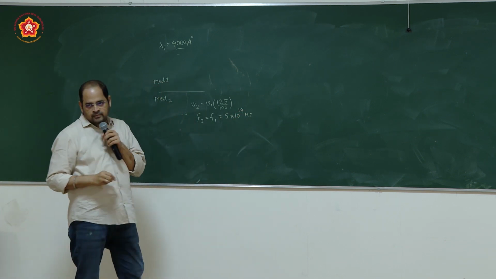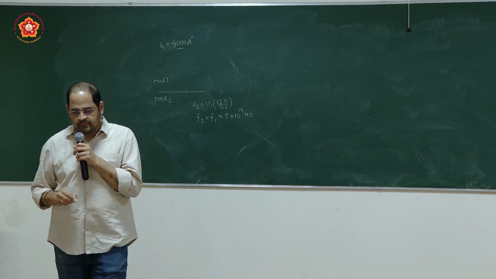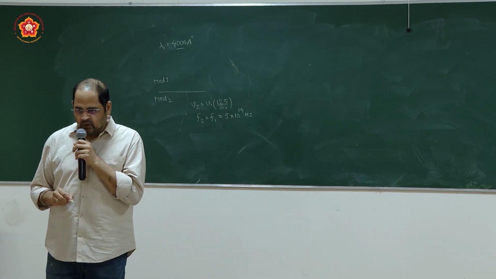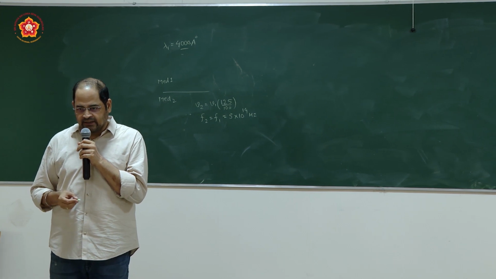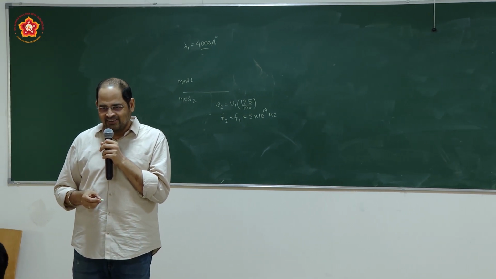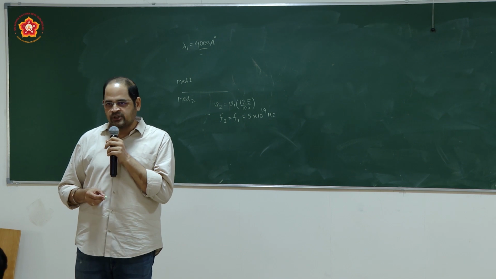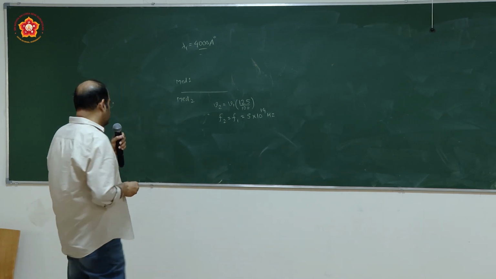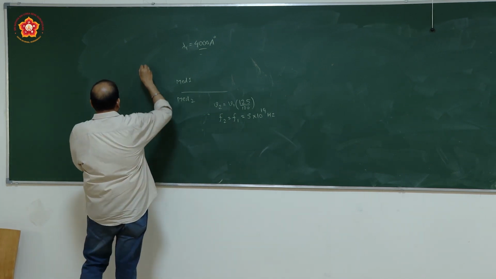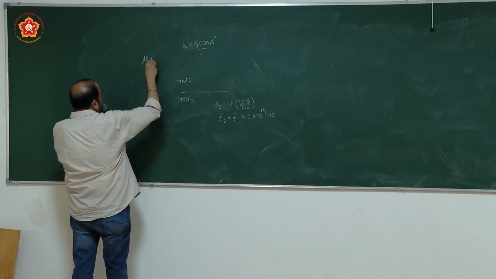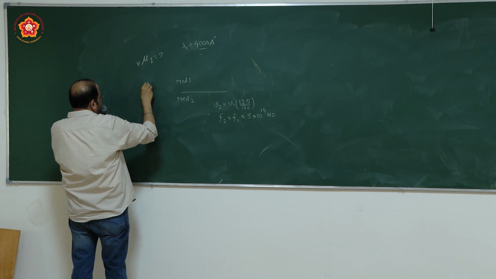Then it is said absolute refractive index is to be calculated. Absolute refractive index means you have to calculate the refractive index of medium 1 with respect to vacuum and of medium 2 with respect to vacuum.